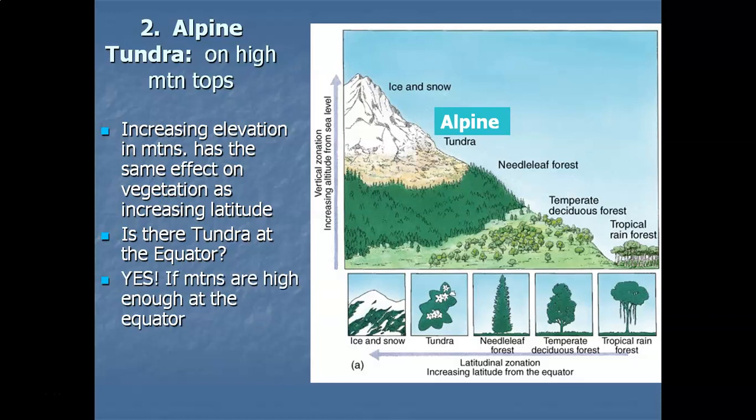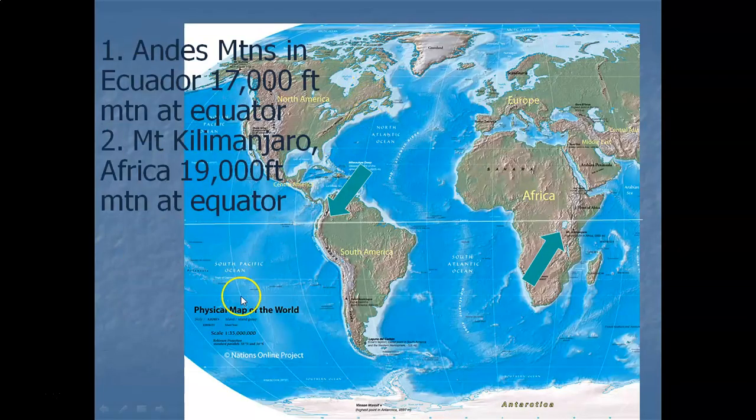If you've got high mountains, you're going to wind up doing this, starting from the tropical rainforest at the equator all the way on up to the ice sheet climate. And I want to give you two examples on the next slide, two great examples of this phenomenon. The first example is in the Andes Mountains. Here, I've got the equator, where the mountains here in Ecuador, in South America, are 17,000 feet at the equator.